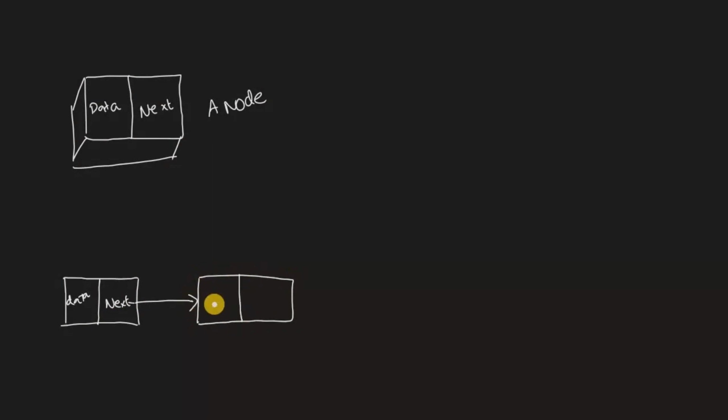Then this node contains again the data and the next field. The next field is again going to point to the next node in the list. So this is the third node in the list, and it has again the data and the next field, which is going to point to the next node in the list.